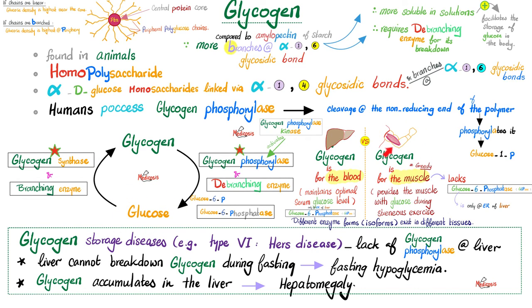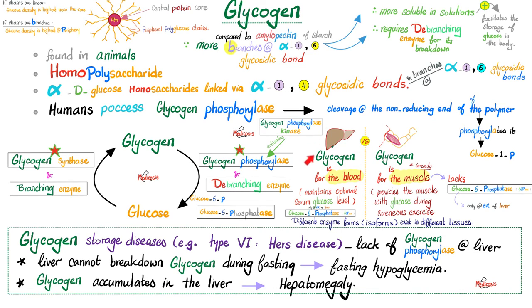But when the muscle breaks down its own glycogen, it will go all the way until glucose 6-phosphate and stop, because the muscle lacks the enzyme, glucose 6-phosphatase, necessary to convert glucose 6-phosphate into glucose, which means glucose 6-phosphate will end up being trapped in the muscle because phosphorylation fixes stuff. This glucose 6-phosphate is fixed in the muscle. It can never leave, which means the muscle glycogen can never serve as a source of glucose for your blood.